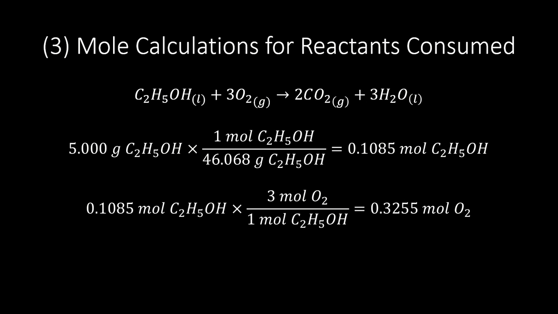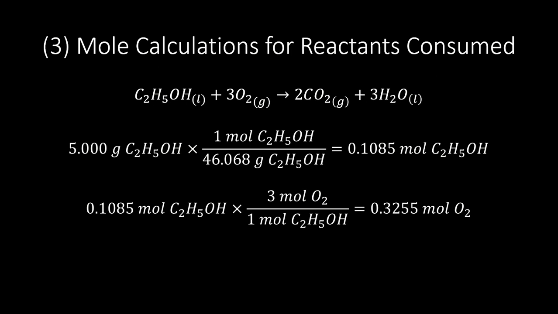For example, for the other reactant, for this balanced chemical equation, in order to fully react 0.1085 moles of ethanol, we're going to need to find how many moles of O2 would be necessary. And to find that, let's just take our 0.1085 moles of ethanol and multiply it by our comparison ratio, which is the stoichiometry coefficients of the species that we're working with and the chemical species we're trying to get to.